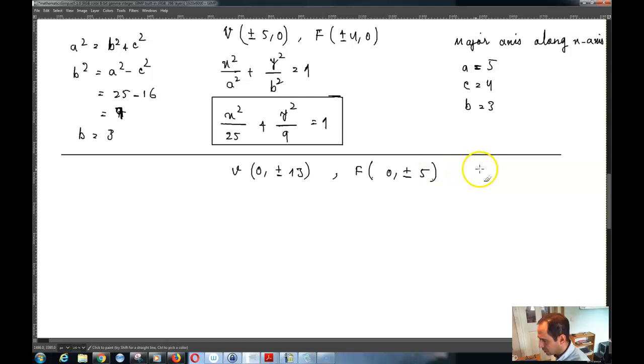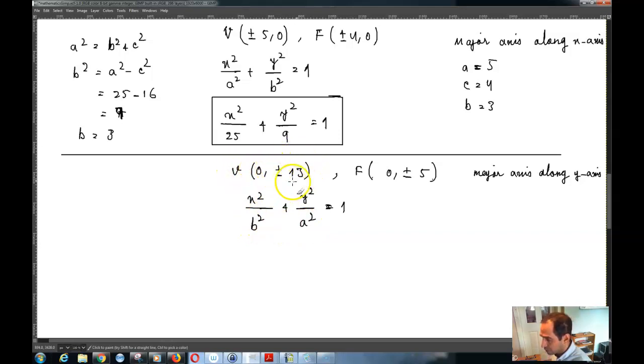So that means that the major axis is along the y-axis. So that means that I can write x squared by b squared plus y squared by a squared is equal to 1. And so all I need right now is just a and b.